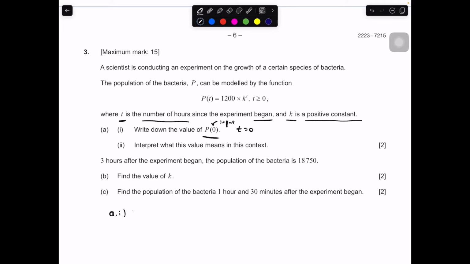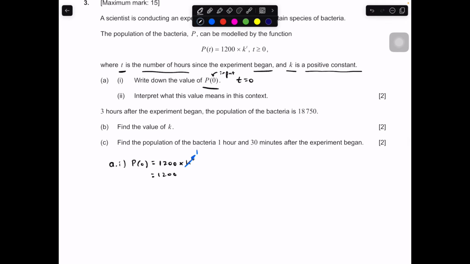P(0) is 12,000 times k to the 0, and of course anything raised to the power 0 just becomes 1, so 12,000 times 1 just gives us 12,000. Interpret what this value means in context. I guess we just kind of talked about that. This is the initial number of bacteria in the experiment. Let's just write initial number of bacteria.